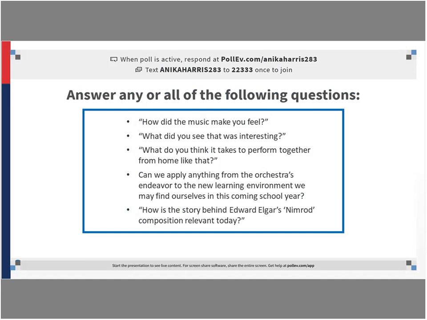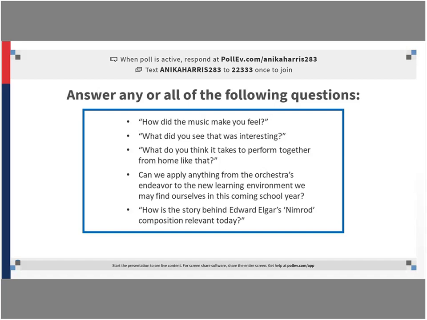So we can see your chats and questions coming through. If you would engage us by sharing a response to one of the questions that you see on the screen, you can put it into either the chat or the question box. You can see both. How did the music make you feel, if you heard it?